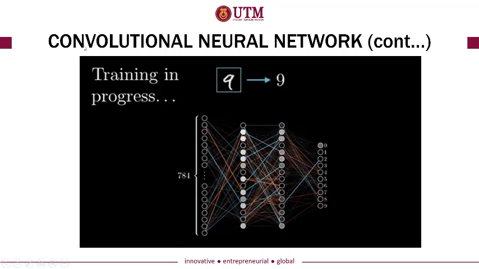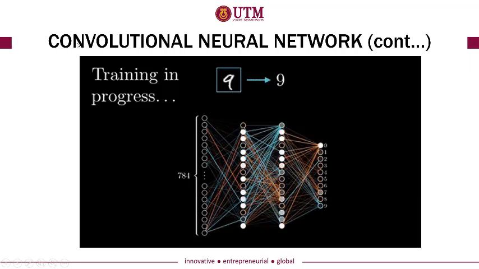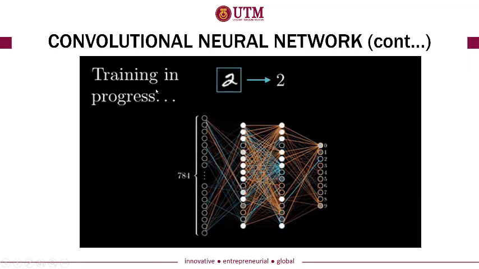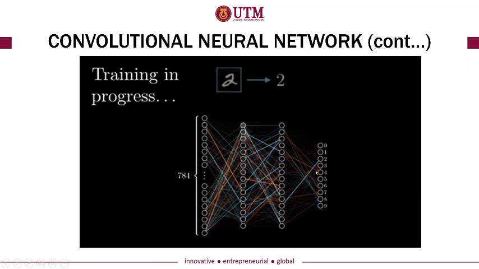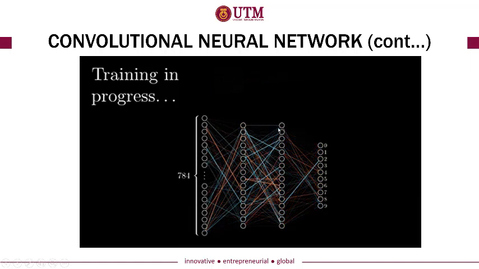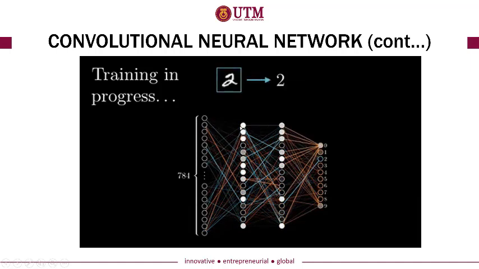Actually, the title here does not represent this image. This is actually a deep neural network. Why do I call it a deep neural network? Because you have more than one hidden layer, and each neuron in the hidden layer is fully connected with the previous one.